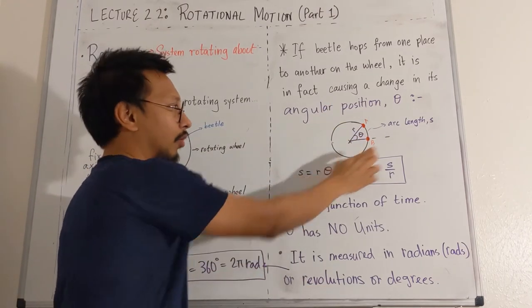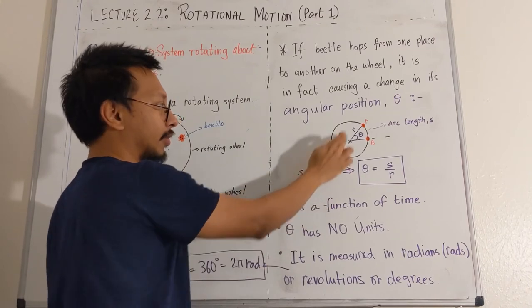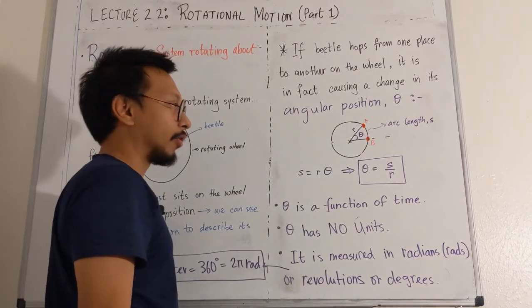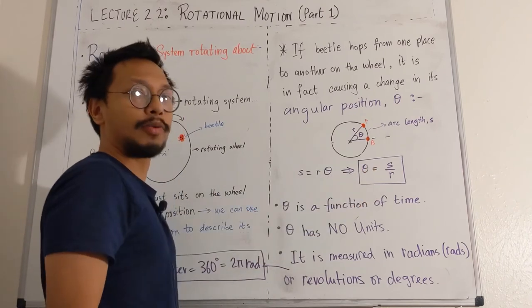From math, we know that we can define arc length as S equals radius times the angle created in between the radii, which then helps us define what angular position is.